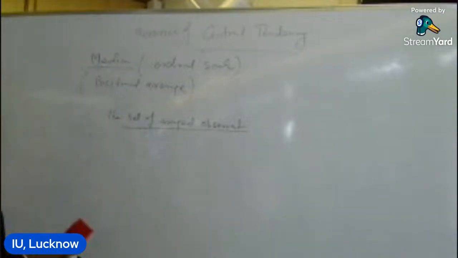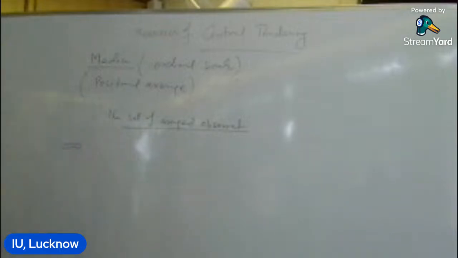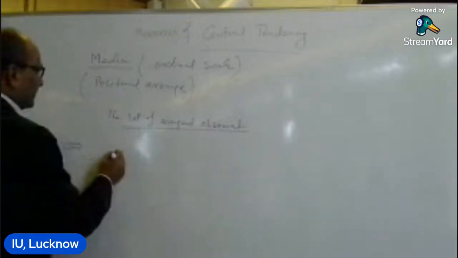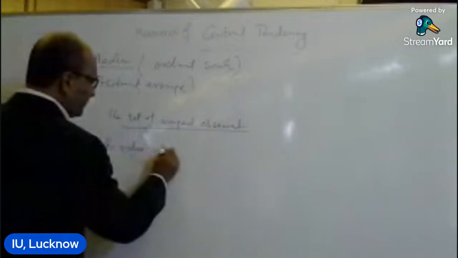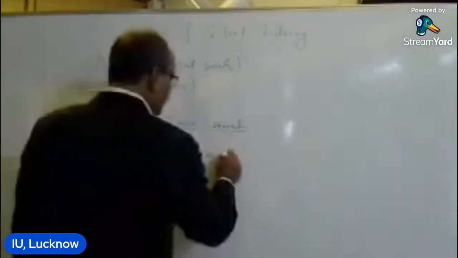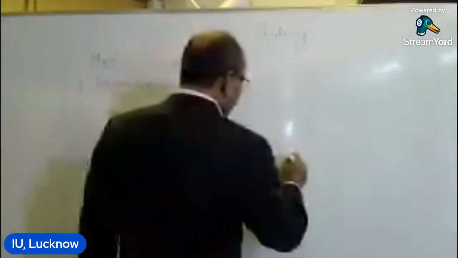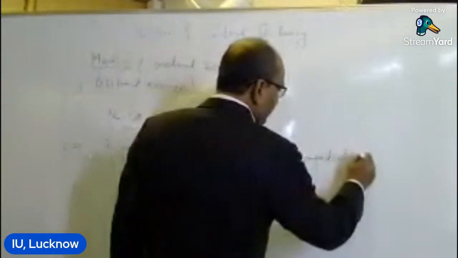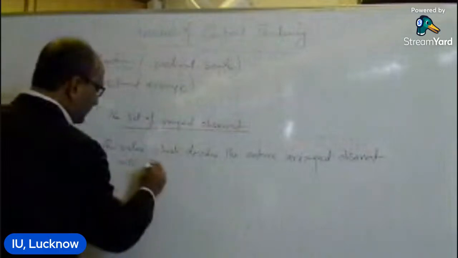So the definition you may remember is: the value which divides the entire range of observations into two equal parts.